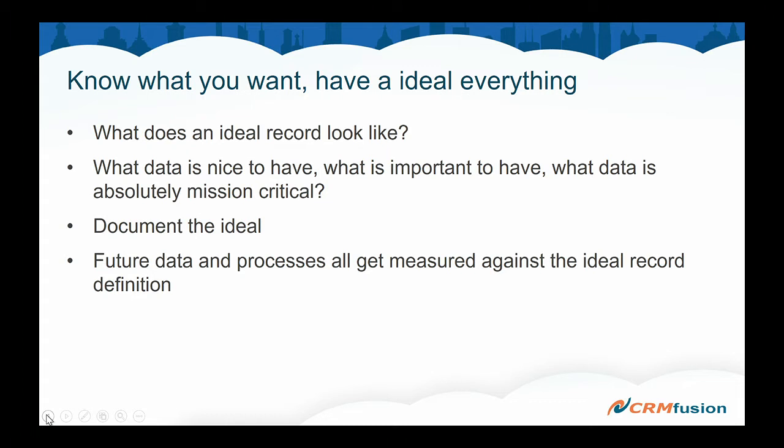How can we try to get this out to our forces to say, hey, we need good data quality, if we can't tell them what good data quality is? Once we get it documented properly, now we have a benchmark. We have a benchmark to measure all future data and all future data quality processes against that ideal definition. We have a target, is basically what we have.